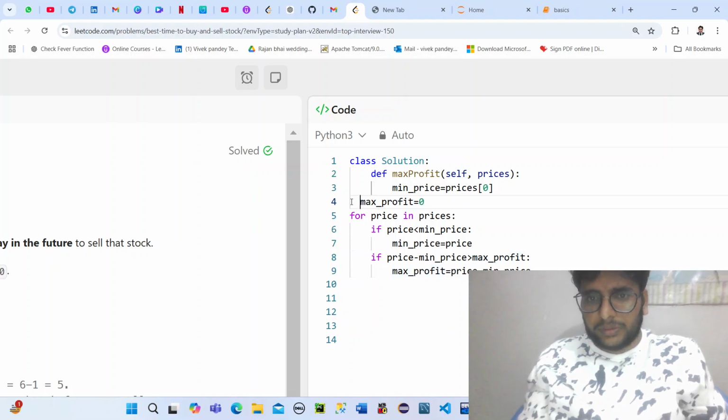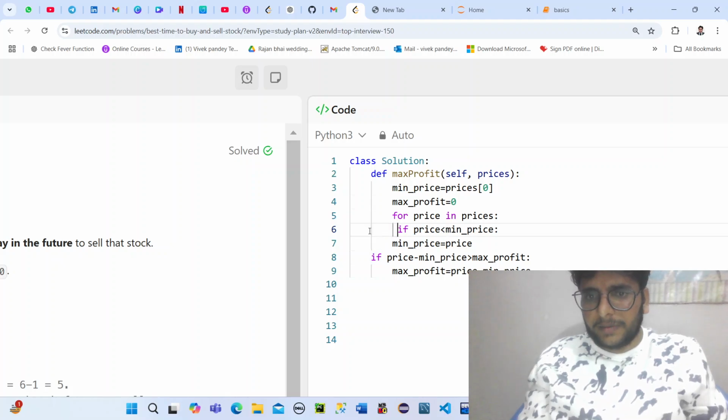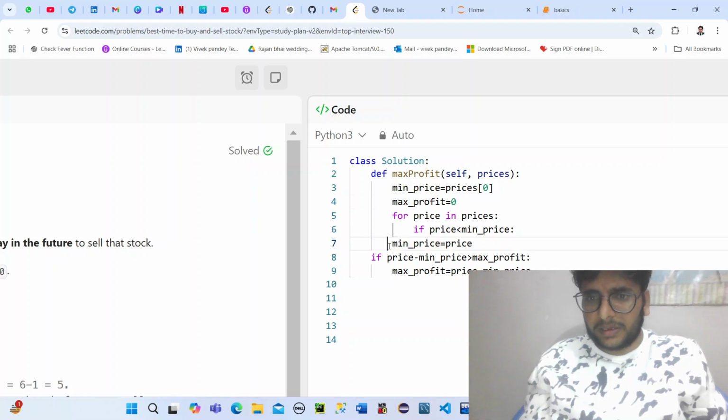I need to arrange this in proper indentation. This for loop should be here, and the if should be inside the for loop. This is inside the if block, and then this one is also here, and then this one is here.